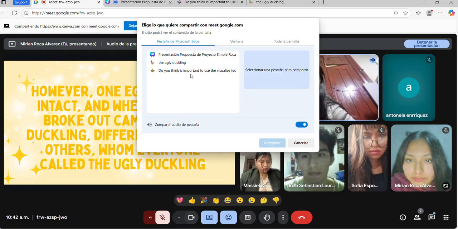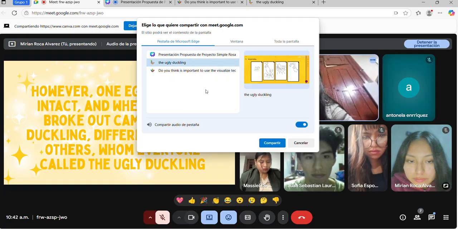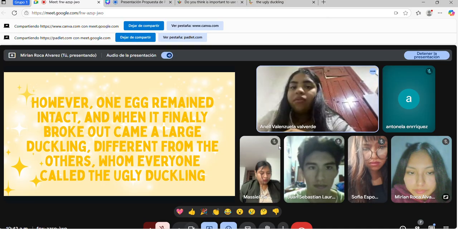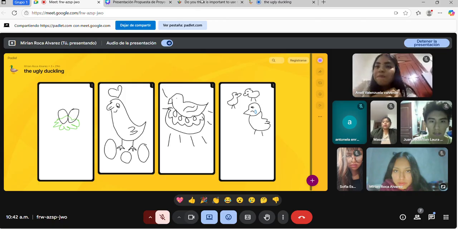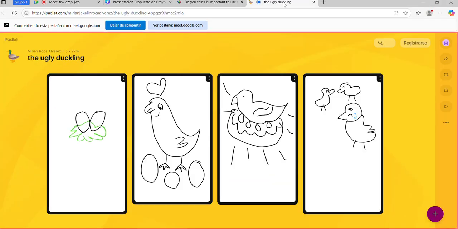Yes, let's see the palette. Okay, we can see the new drawings.